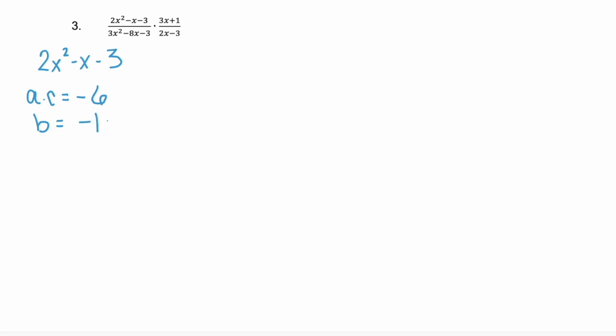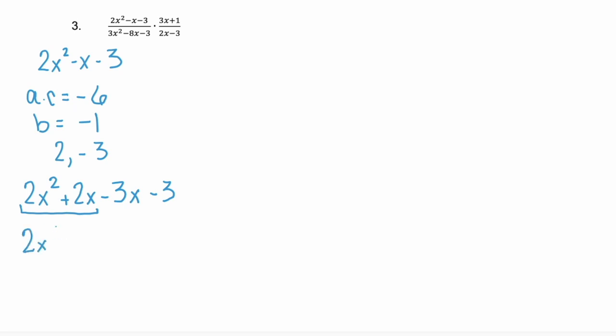So we use these values to find two numbers that multiply to negative 6 but add to negative 1. So we get the terms 2 and negative 3. And those are the values we use to rewrite that middle term. So we end up with 2x squared plus 2x minus 3x minus 3 as our new polynomial. And now that we have 4 terms, we factor by grouping. So the first two terms have 2x in common.